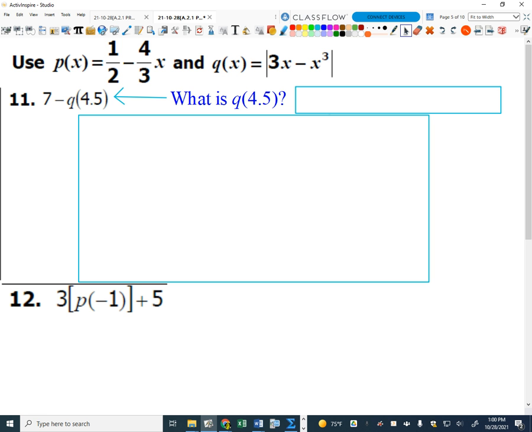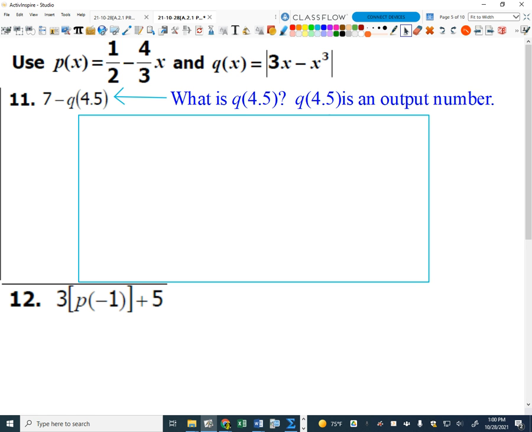It's the output, right? Everybody with me? Okay, and so when we see something like that, it's just an output number. When we input 4.5, Q of 4.5 is just an output number. That's all it is. Just a fancy name for a number, just like the symbol pi stands for a number, right?